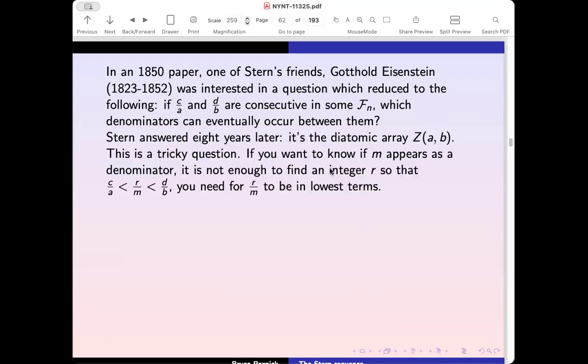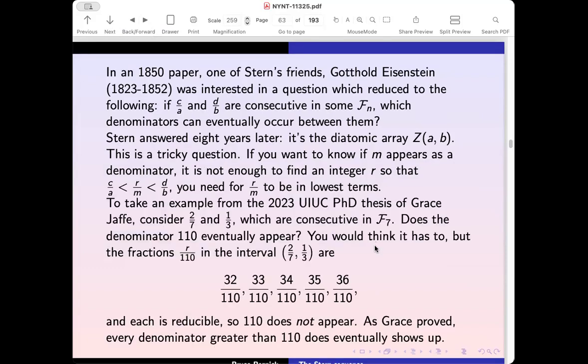This is actually a tricky question. If you want to know if m appears as a denominator, it's not enough to find an integer r so that r over m is in between them. You need r over m to be in lowest terms. And this is an example, one of the theses that I'm going to talk about, Grace Jaffe.